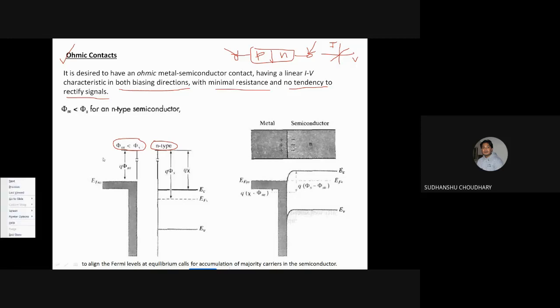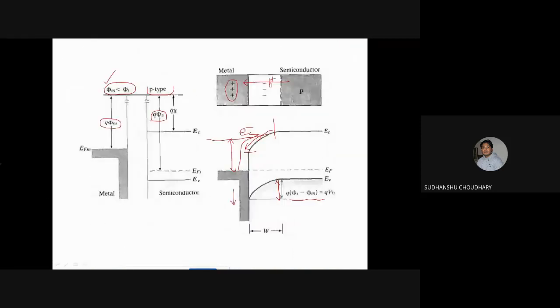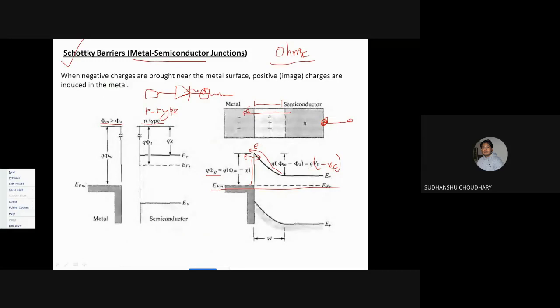Earlier, for a metal and N-type semiconductor contact, we had seen that the work function of the metal was greater than the work function of the semiconductor, which resulted in a Schottky barrier. But now if the work function of the metal is less than the work function of the semiconductor and I have an N-type semiconductor, this would result in an ohmic contact.